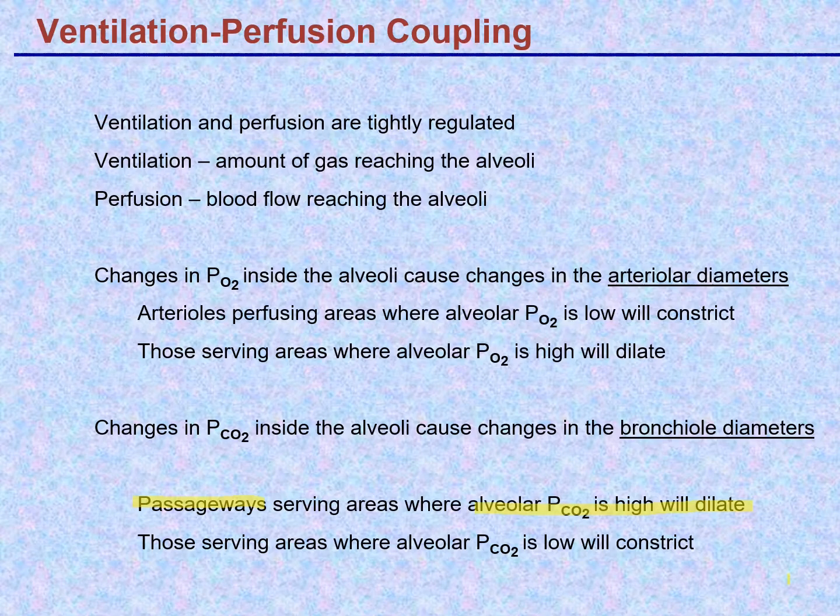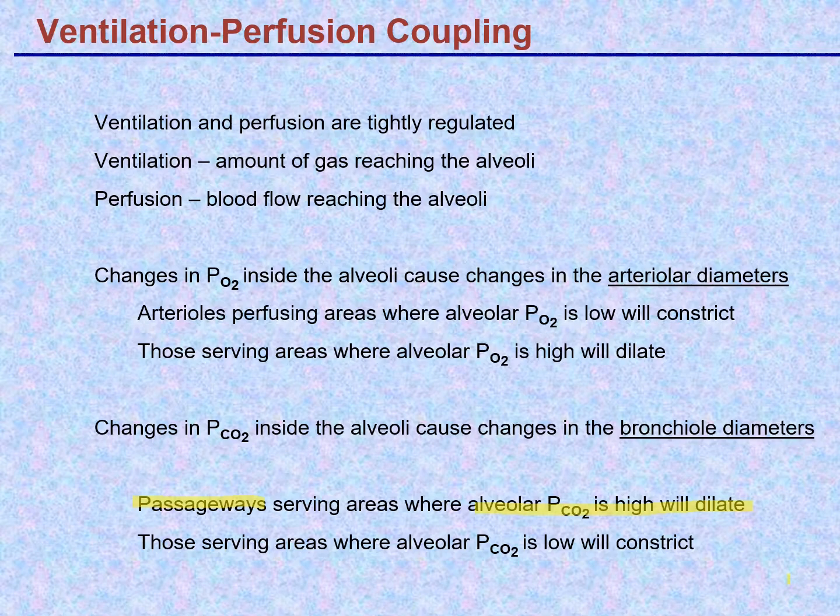So you get less ventilation into that area. So when you contrast one with the other, the effect of PO2 levels within the alveoli will be on the arterioles, and the effect of the PCO2 will be on the bronchioles.